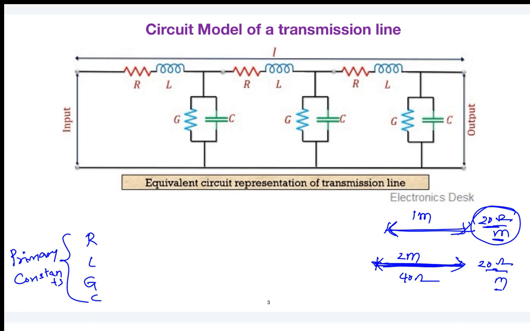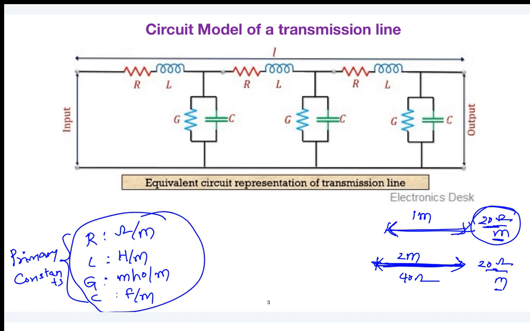But what the manufacturer always mentions for a transmission line is, per unit distance, what the resistance is and what the inductance is. So the units will be ohms per meter and Henry per meter, conductance in mho per meter and capacitance in farad per meter. The reason it is mentioned per unit distance is that transmission lines are distributed in nature.